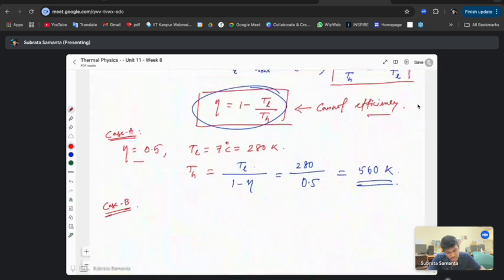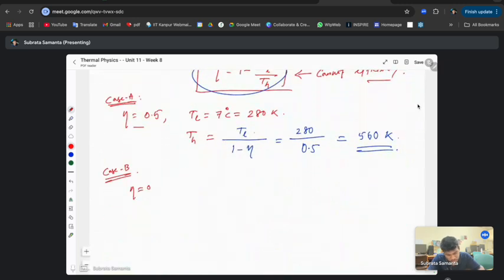So in case B, when eta is 0.7, again that TL is the same, 280 Kelvin. We have to calculate, let's say, TH prime.